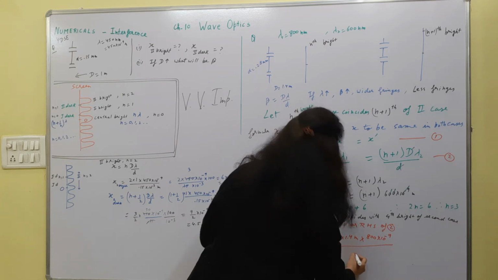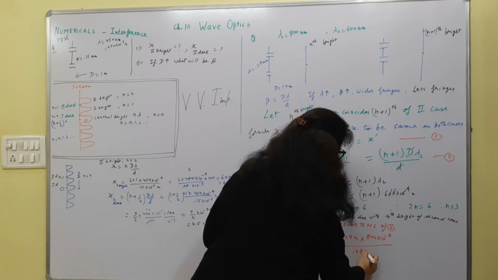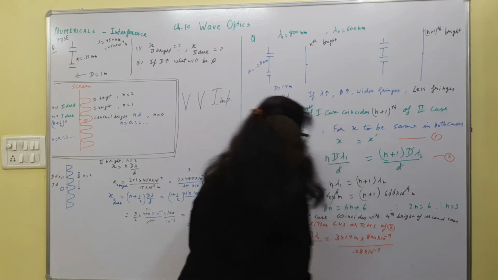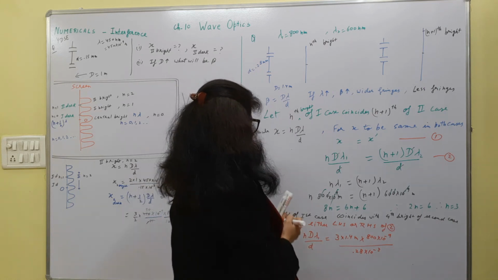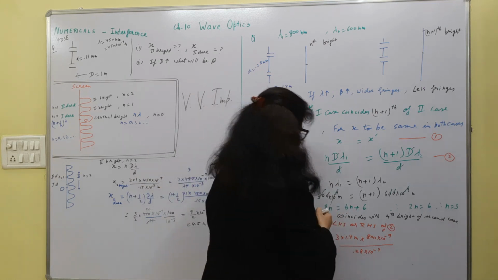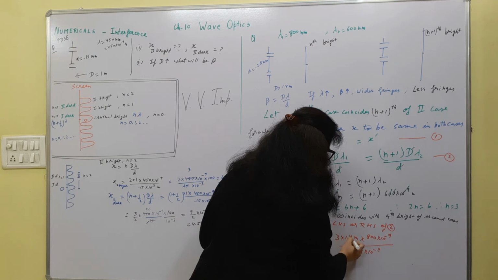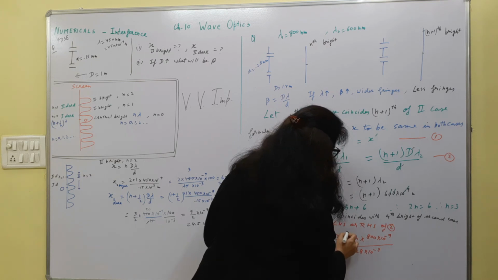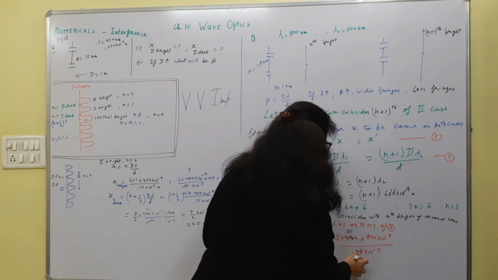Small d is how much? 0.28 into 10 to the minus 3. So we'll solve it. So this is giving me 4 3s are 12, 4 5s are 20, 4 7s are 28, 7 5s are 35.